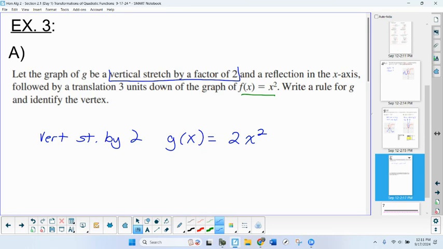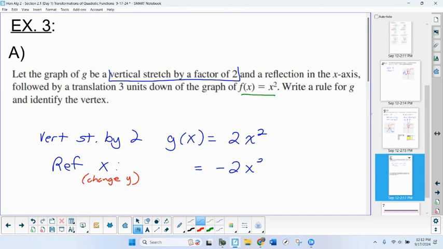Is that a vertical stretch by 2? Sure is. Okay. Now you're going to do a reflect over x. What do you do when you reflect over x? Negative 2x squared. Because remember, when you reflect over x, you change y. Y is the whole equation. All right?